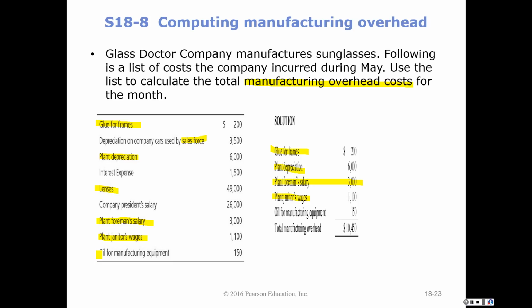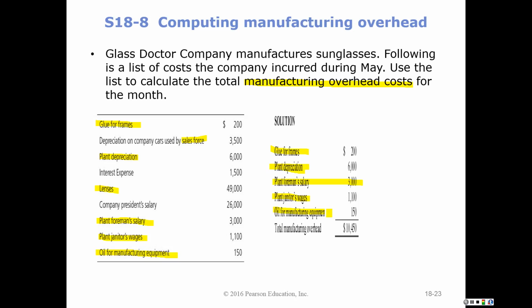Oil for the manufacturing equipment. Okay, we would say that this is related to manufacturing our product. And if the oil is going into the equipment, and if I've already said that equipment is part of overhead, I can't trace the depreciation of my equipment to a particular product, then I probably can't trace the oil that's going into that equipment to a particular product.